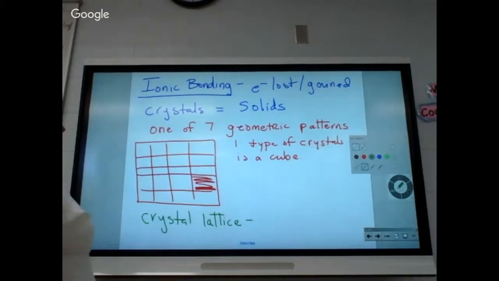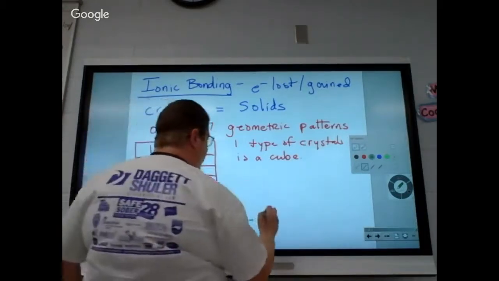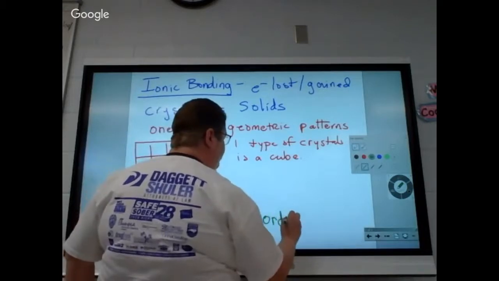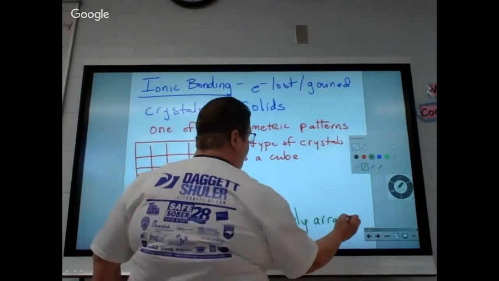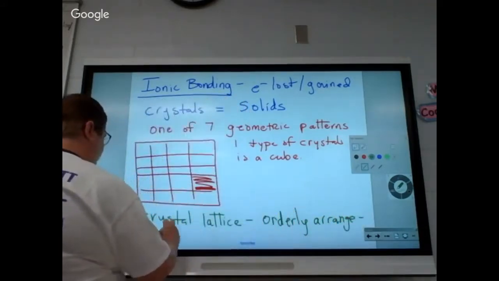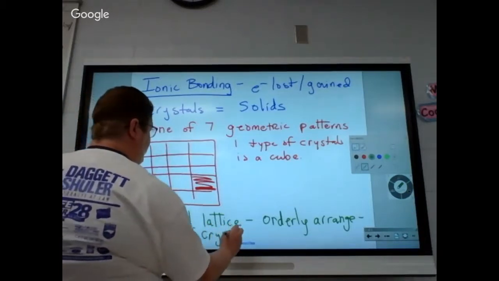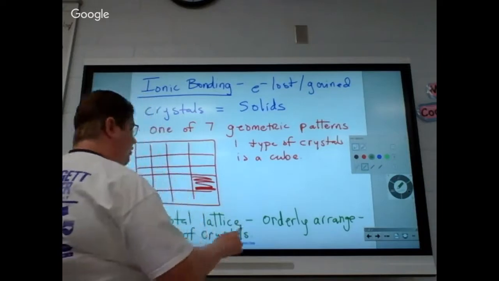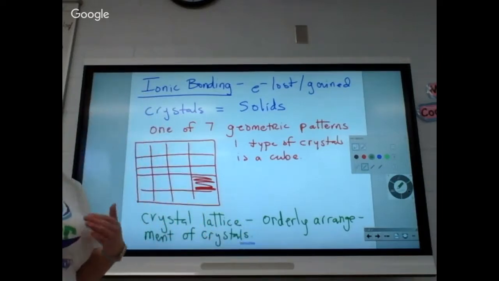All right. So this whole thing is a crystal lattice. If I drew better, it would look better. But it's just an orderly arrangement of crystals. Now, in a crystal lattice, you're going to have a lot of different crystals, right?